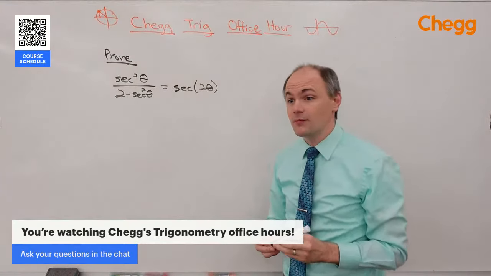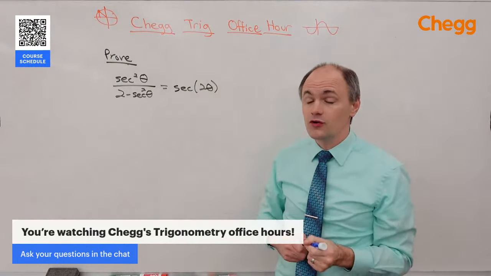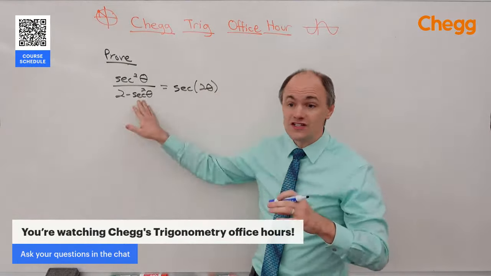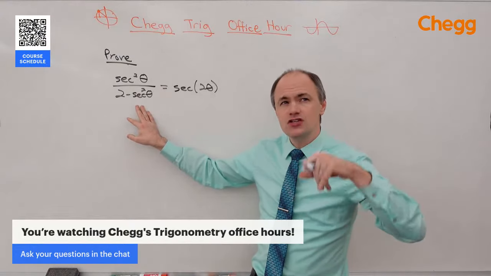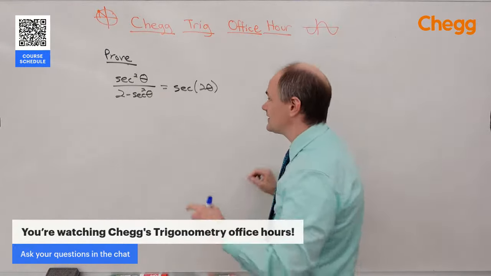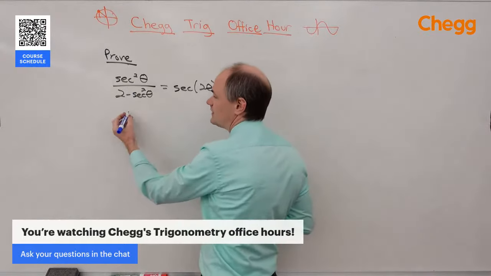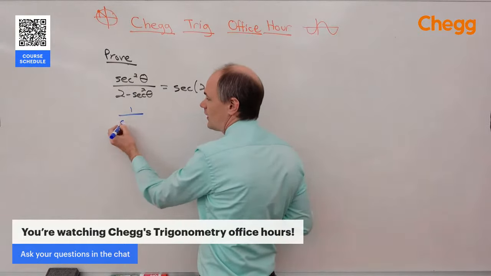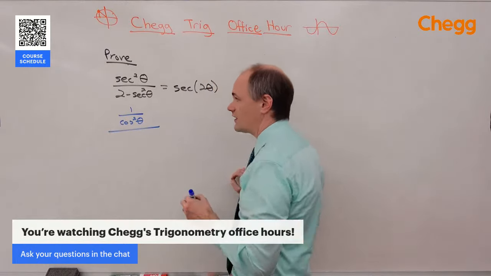There's a couple ways to go about a proof like this, but one of my favorite trig proof methods, if you don't know what to do with trig, like tangent, secant, cosecant, is to change everything into sines and cosines. So secant is the reciprocal of cosine. So secant squared is 1 over cosine squared.